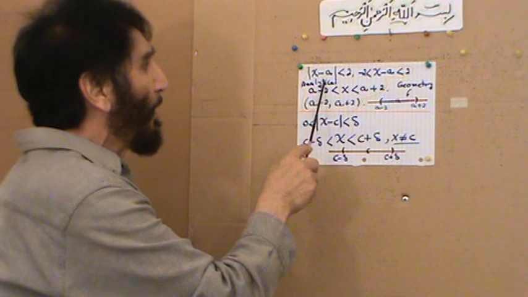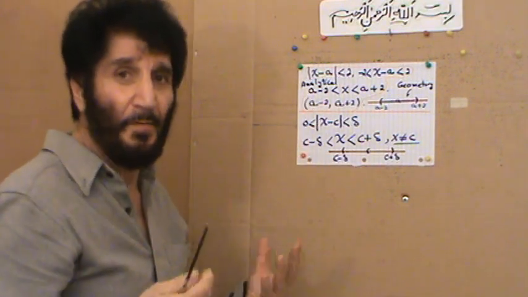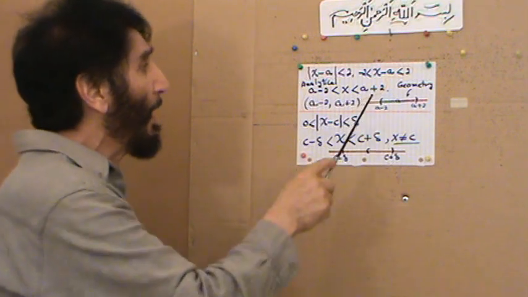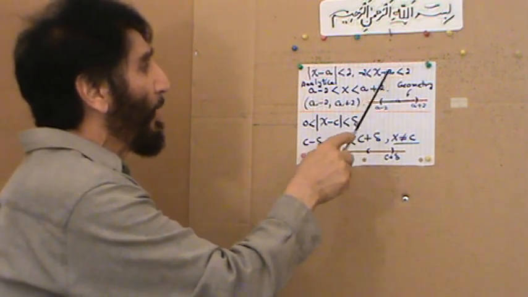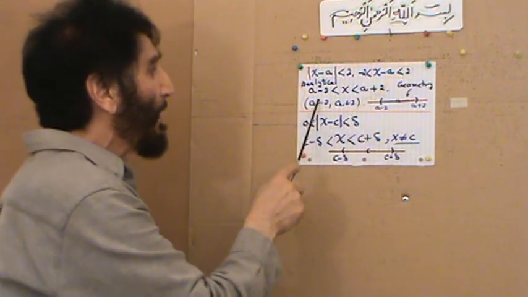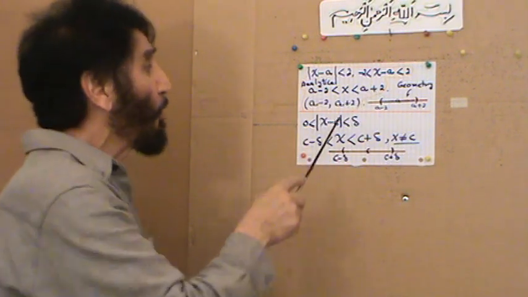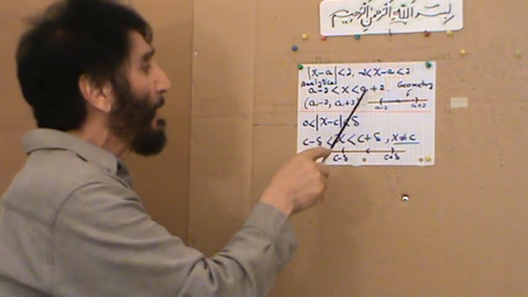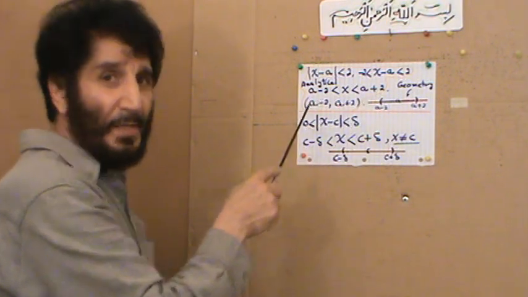We write it between 2 and minus 2, taking x minus a out of the absolute value. Then we add a to both sides, a very simple algebraic manipulation, and we end up with this expression. That means all the values between a minus 2 and a plus 2.